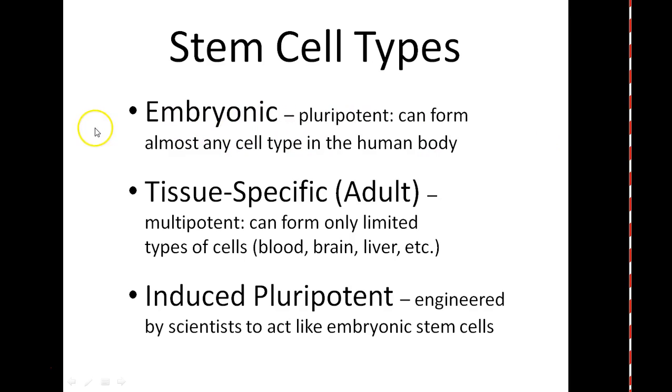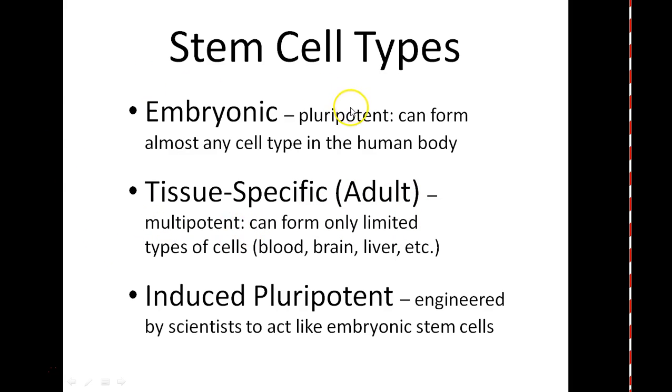And I've mentioned there are 3 different types of stem cells. Embryonic, which are also known as pluripotent, because they can form almost any cell type in the human body. We have tissue-specific stem cells, which are called adult stem cells, and they are multipotent.